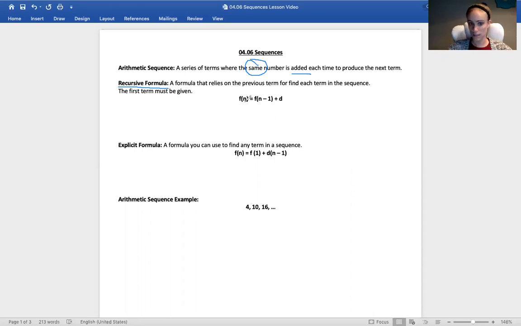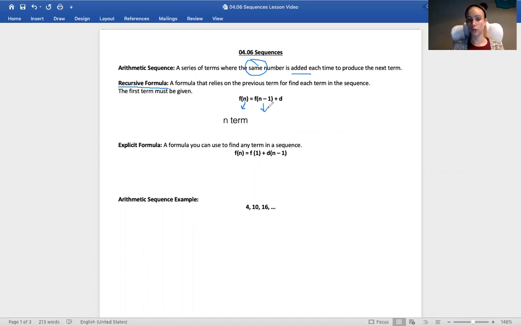So the n represents the nth term, so it's an unknown number of terms. Then f, and then in parentheses, n minus 1, that represents your previous term because you're going back 1, you're subtracting 1.